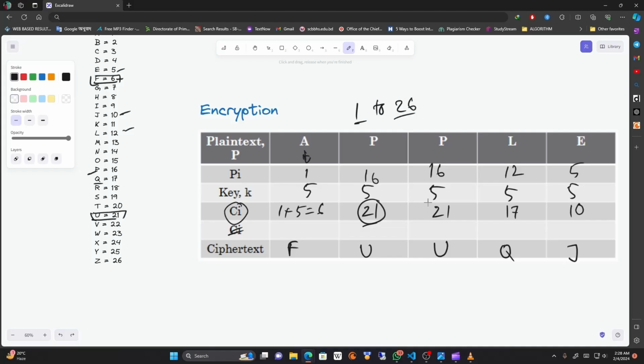So for apple, if we put our key value as 5, then we'll get FUUQJ as our encryption message.